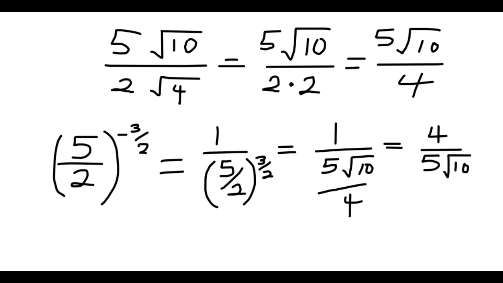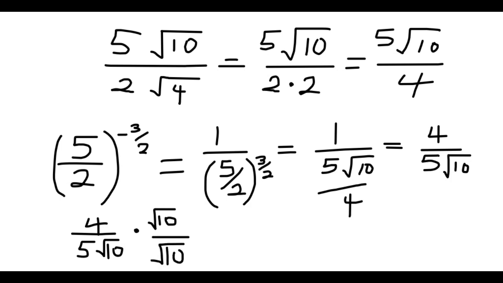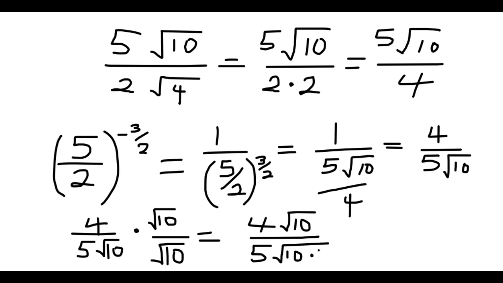To rationalize this, we have 4 over 5 square root of 10 multiplied by the square root of 10 over the square root of 10, which equals 4 multiplied by the square root of 10 over 5 times the square root of 10 times 10.